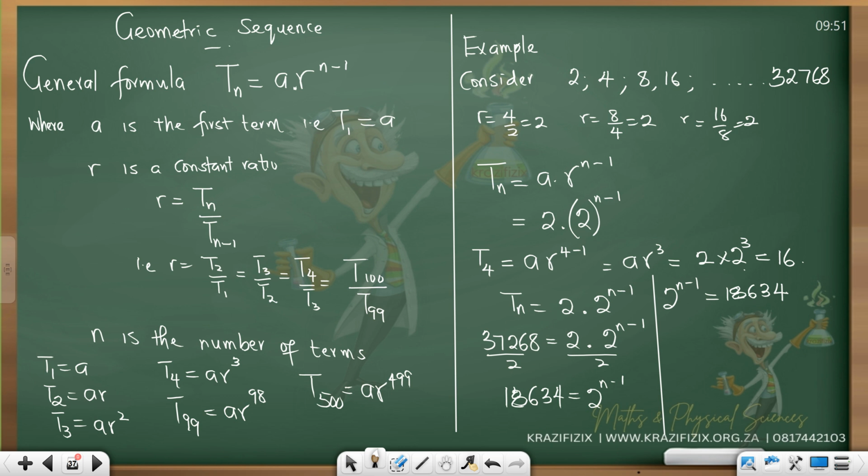What's your answer? Yes, Waruna? The sequence uses a different number, because there is 32768 and then here you used 3. Oh, yeah, thank you.